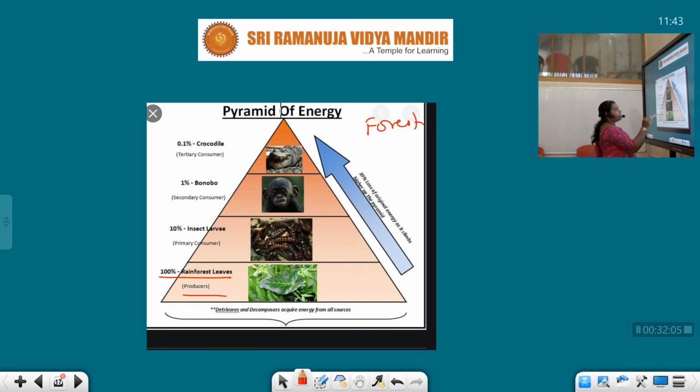To the next level, insects, only 10% is carried, and again 1% is carried to the secondary consumer, and to the last consumers 0.1% energy is carried. What about the remaining? It is going back to the environment, meaning it is lost.